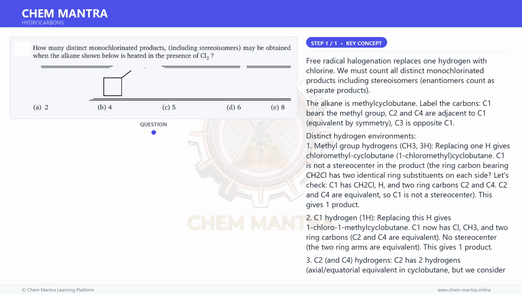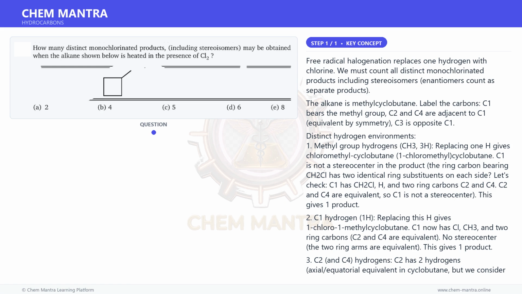consider cis-trans. Replacing one H at C2 gives 1-methyl-2-chlorocyclobutane. C1 has CH3, H, C2, C4, so C1 is a stereocenter. C2 has Cl, H, C1, C3, so C2 is a stereocenter. So we get cis and trans isomers.